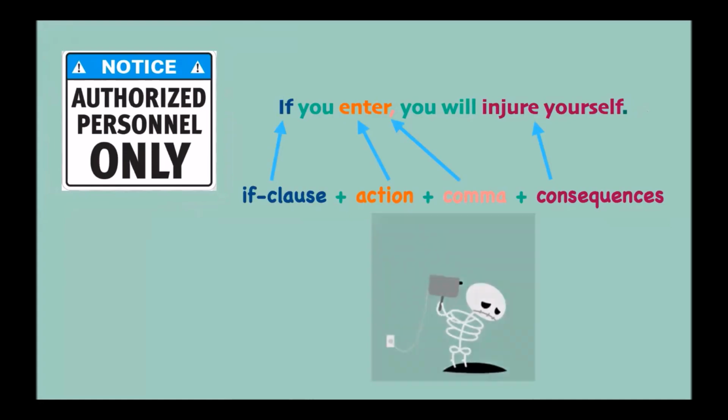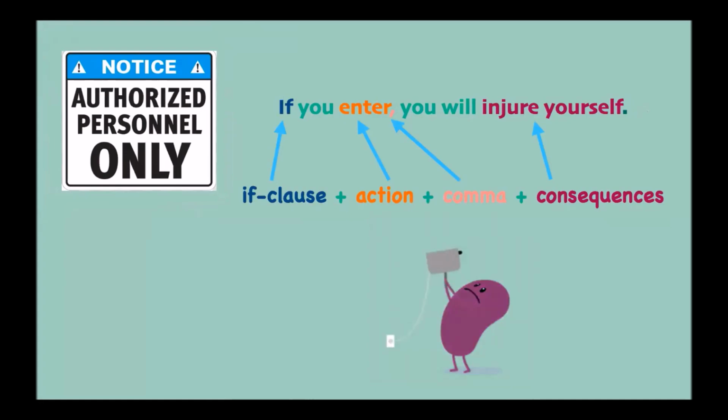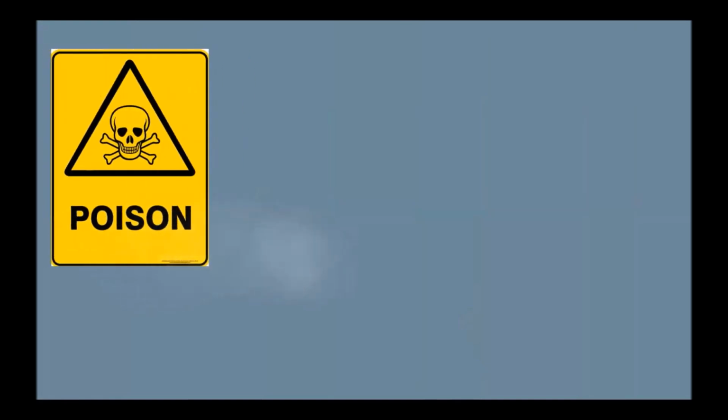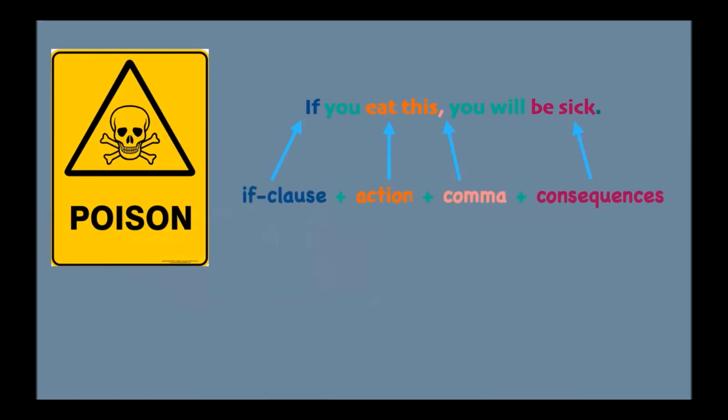Poison. If you eat this, you will be sick. We have the if clause plus the action plus the comma plus the consequence of the action. If you eat this, you will be sick.